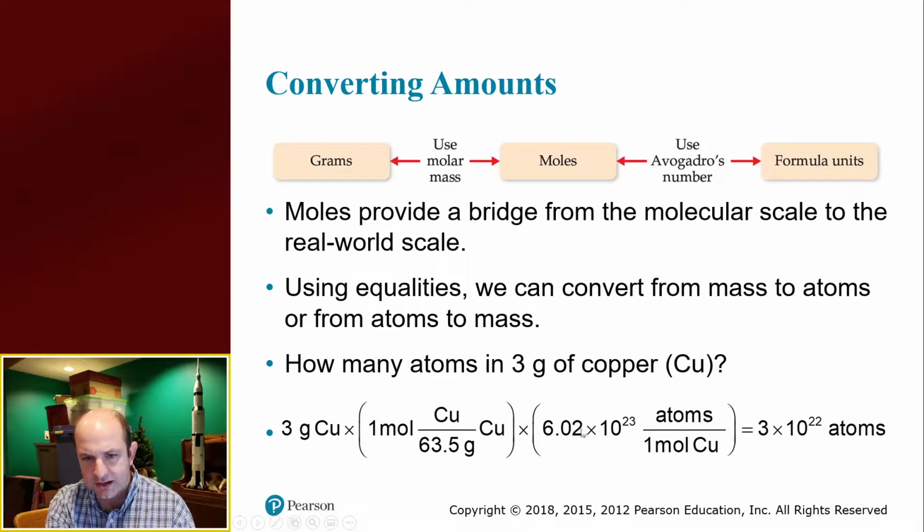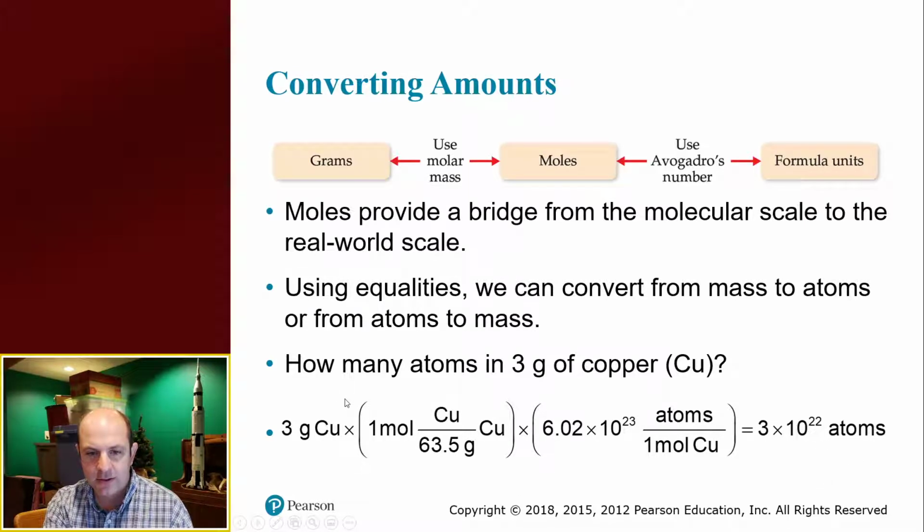And then you can see grams cancels out. We then have 1 mole of copper, and we said, in 1 mole of copper, there must be 6.02 times 10 to the 23rd atoms of copper. And I wish they had put copper up top there. But either way, you cancel that stuff out, and it just so happens when you're rounding to just one significant figure, that it would be 3 times 10 to the 22nd atoms of copper.